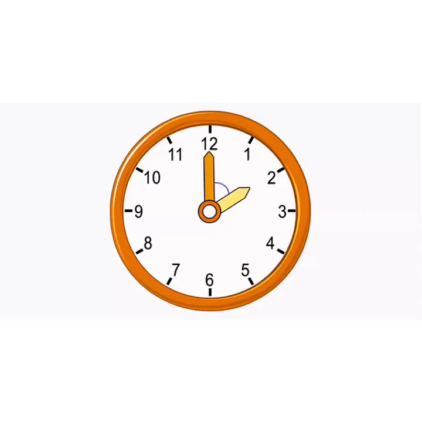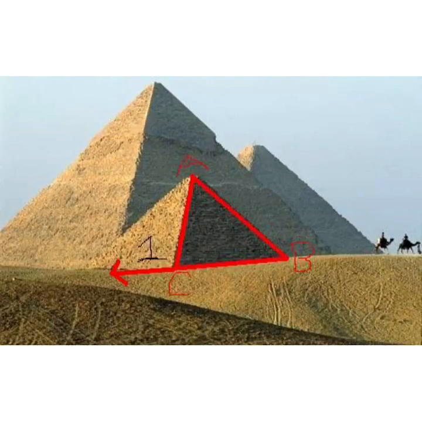Children, you all know this is a clock. Children, what do you observe here? Yes, here the hands of the clock also form an angle when they show time. Children, do you know what this is? Yes, these are the pyramids of Egypt, and these also form angles.